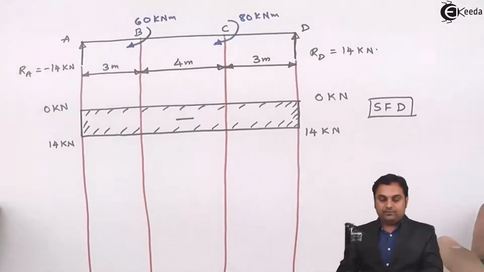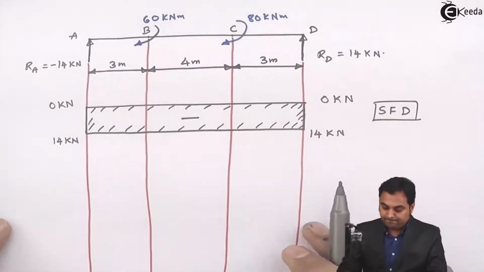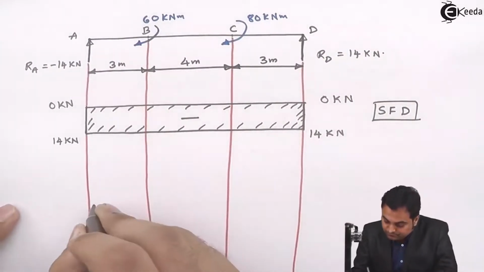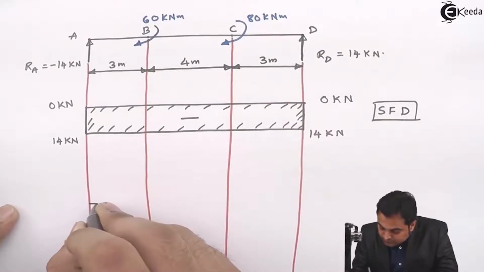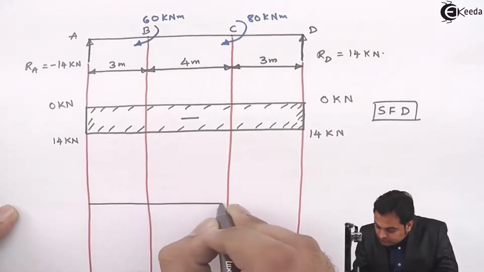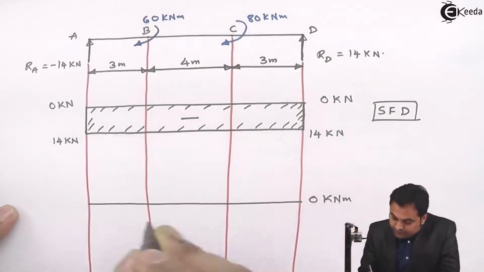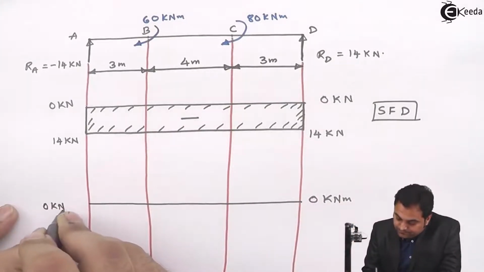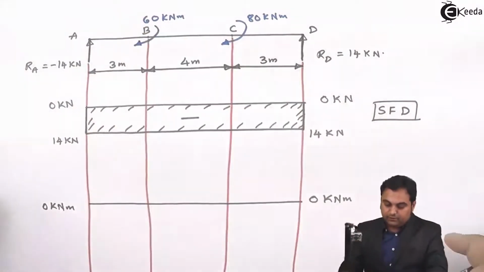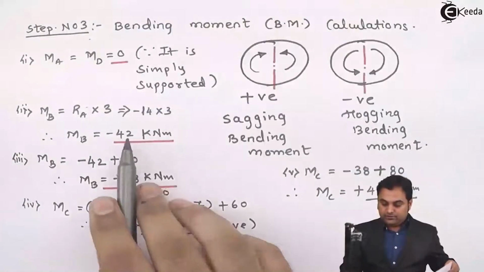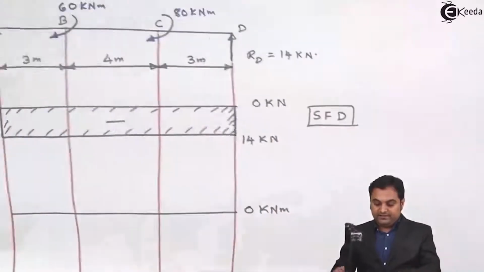Bending moment diagram will be drawn below the shear force diagram. This is the 0 line, 0 kilonewton meter. At B there are two values: first minus 42 and then plus 18.